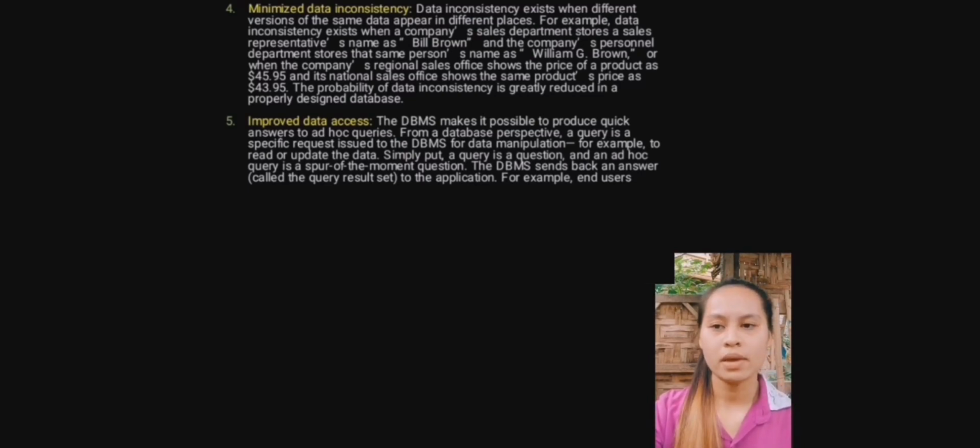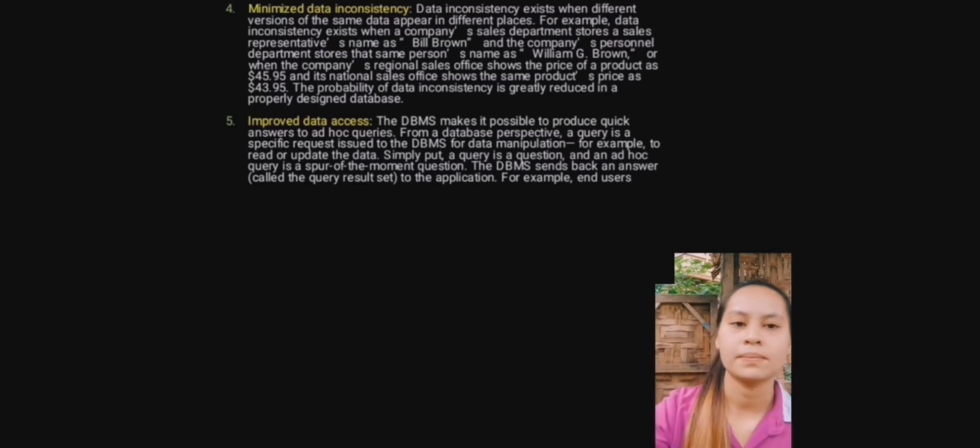The DBMS can reduce data inconsistency by minimizing isolated files in which the same data are repeated. So we can use constraints on the database to minimize data inconsistency.